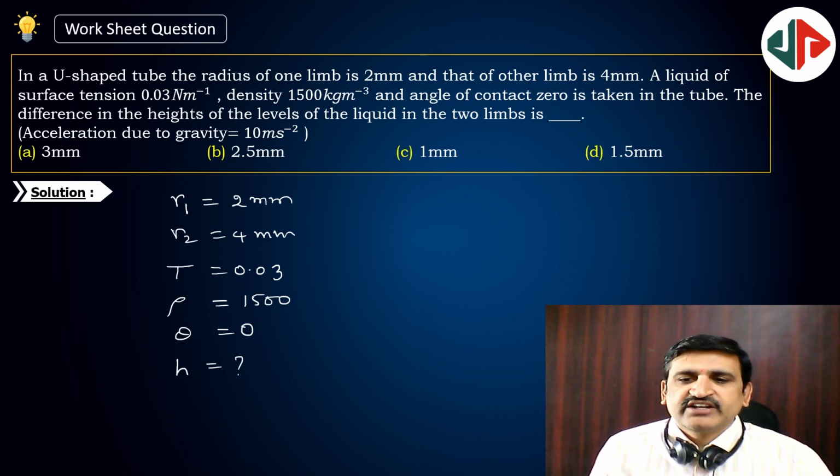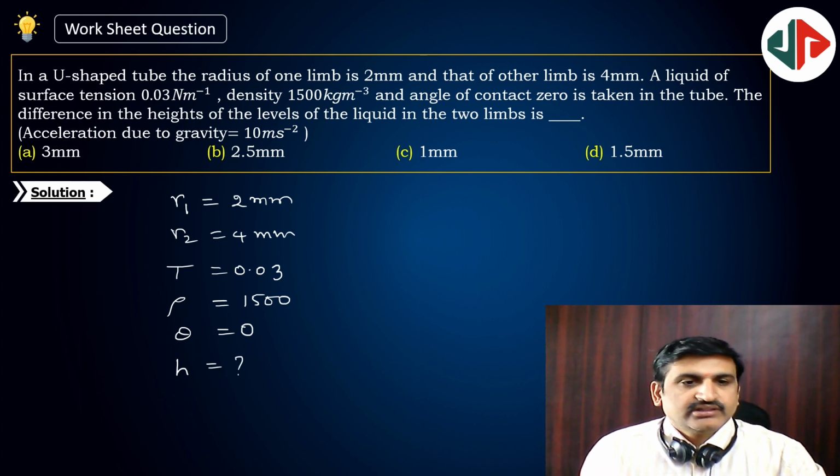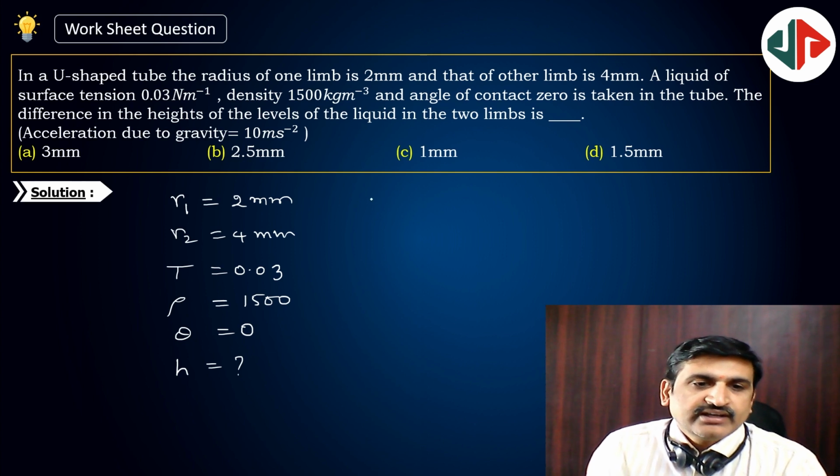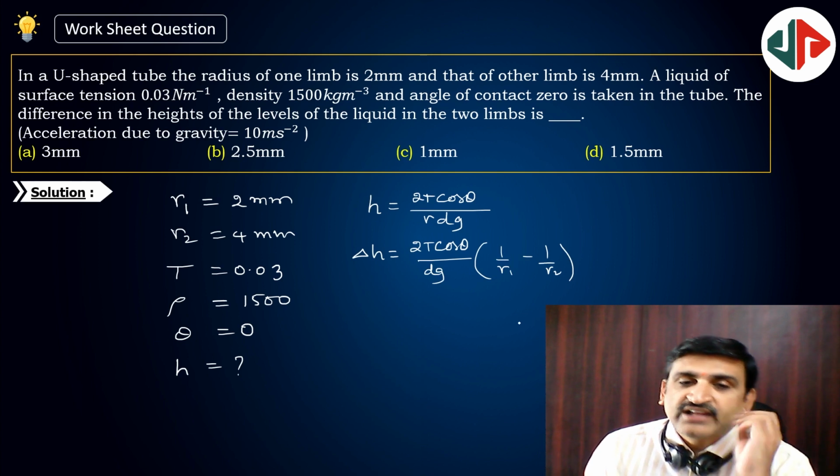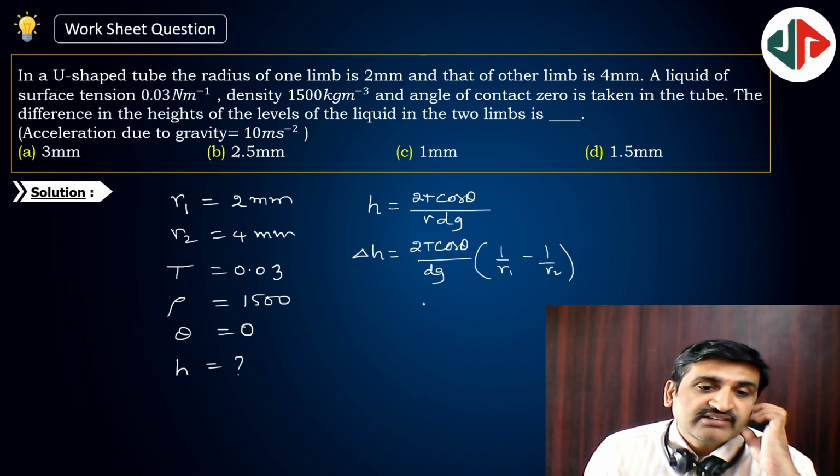We need to find it out. This can be done using height h is equal to 2T cos theta by r rho g. So, height difference is equal to 2T cos theta by rho g taken common, then 1 by r1 minus 1 by r2. The narrow one will have more height, the broader one will have less height.